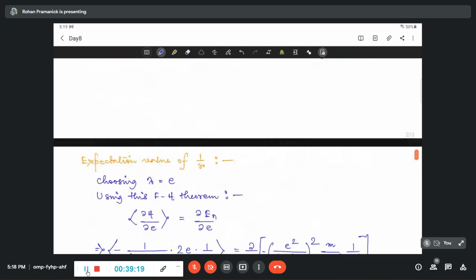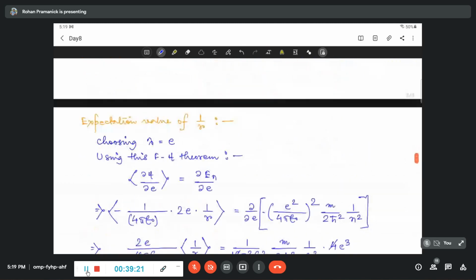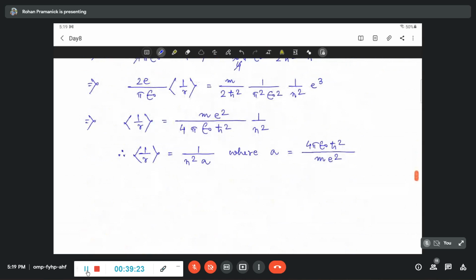Now you see this trick is very powerful, and you can use it in any of your other problems as well. Let's say you want to know the expectation value of x squared for the harmonic oscillator potential.